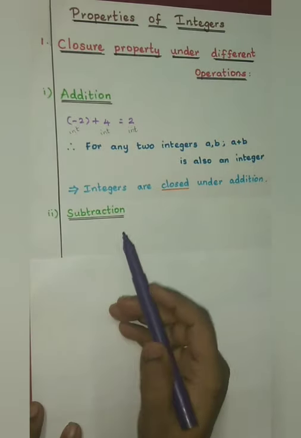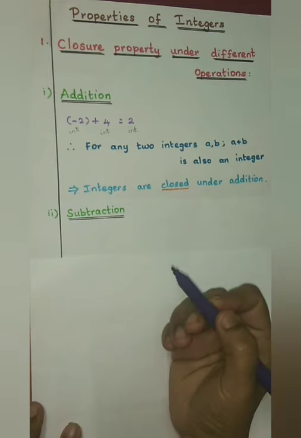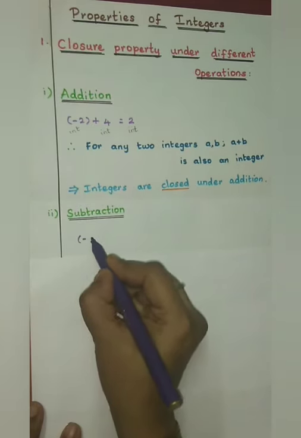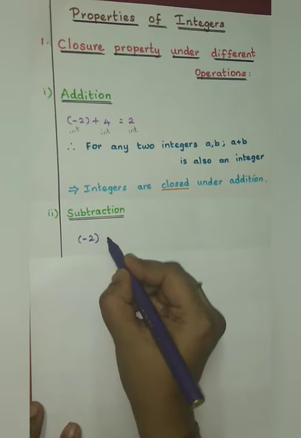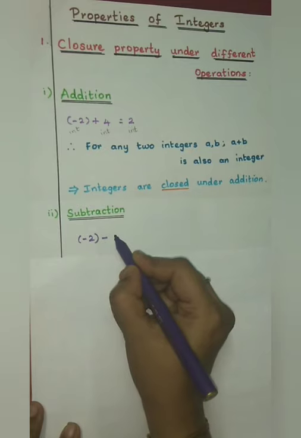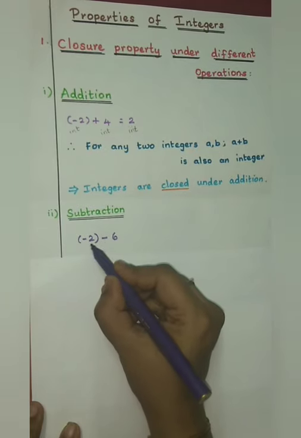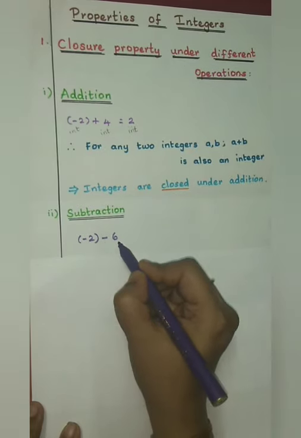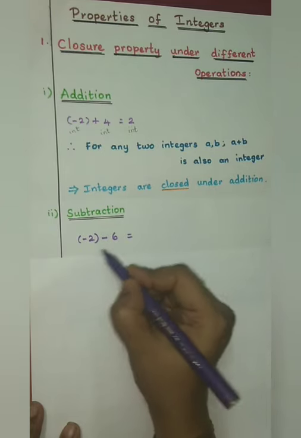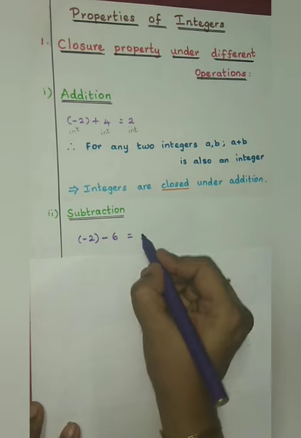Second, subtraction. Take any two integers, minus 2 and 6, and find their difference. Minus 2 minus 6. We know that minus 2 is a negative integer and 6 is a positive integer. You find the difference. What do we get? Minus 2 minus 6?